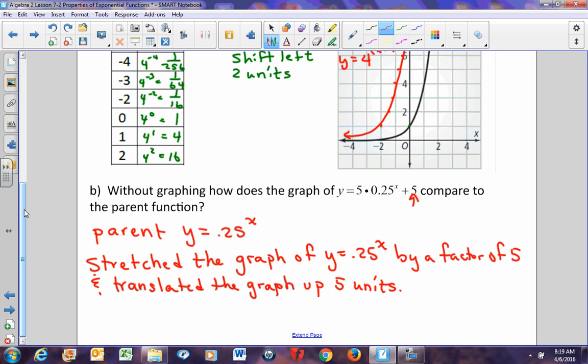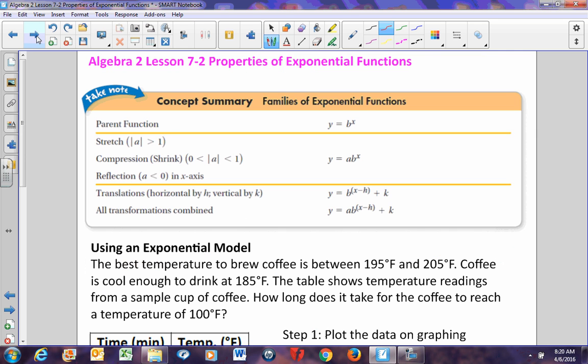So we can now look at a graph and tell what it's going to do by just looking at the equation, and we can also graph the graph once it has been changed. Basically, the parent function is y equals b to the x. You're going to stretch it if the absolute value of a is greater than 1. Remember, if it's negative, it reflects it. That's why they're saying the absolute value of a versus just a.